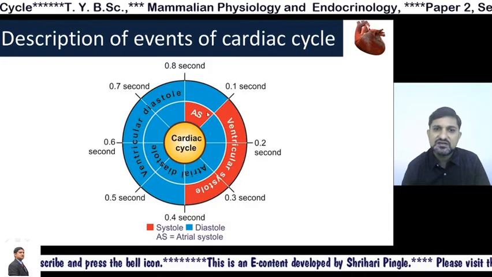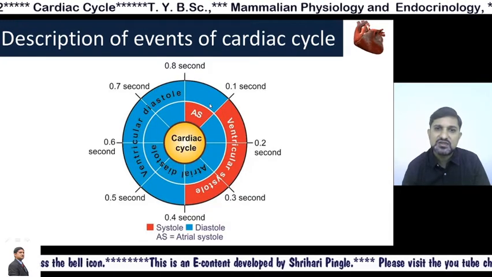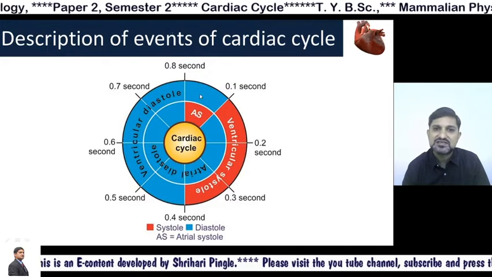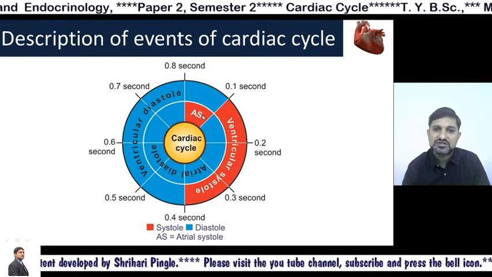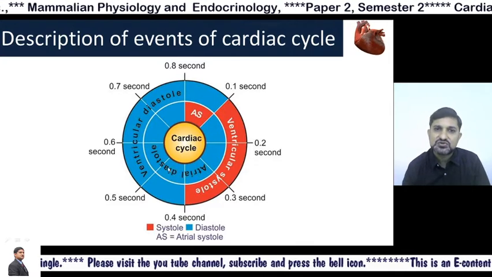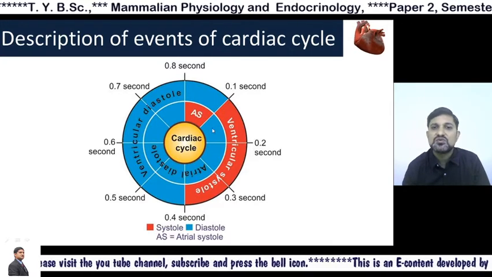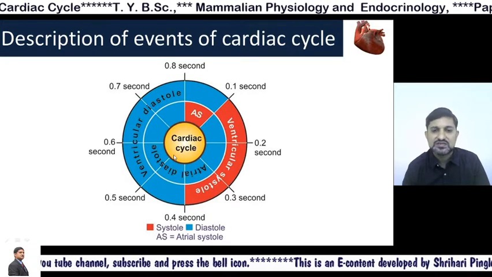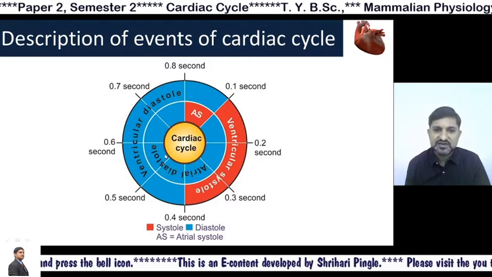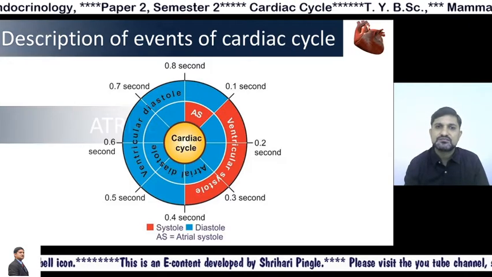But you can see here that auricular systole and ventricular diastole at the later stage overlap each other. Similarly, here we see that auricular diastole takes around 0.7 second to complete. So the time duration of the cardiac cycle can be summarized in this way.